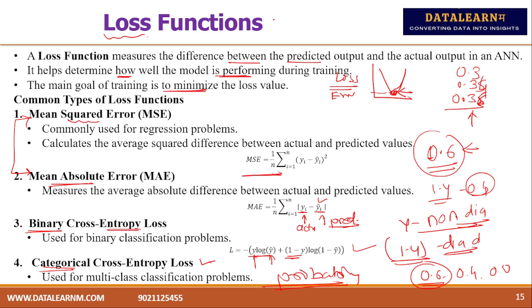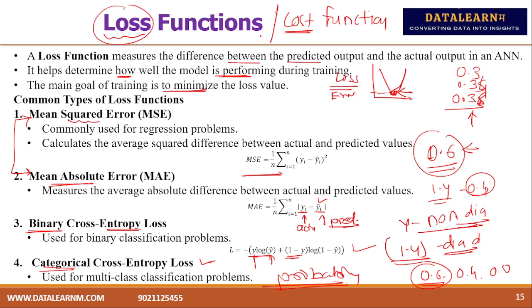Again, please remember there is something called the cost function. Sometimes this word is pronounced as cost function. Just remember this: if you are calculating the error for a single value, only a single value, it is called the loss function.